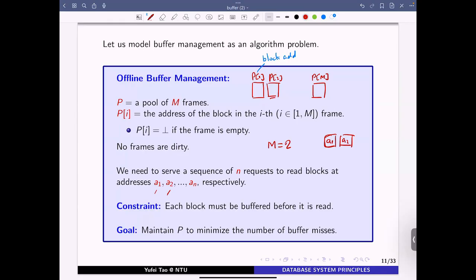A3 will have to go into the buffer according to the constraint, but now you have to kick out either A1 or A2. This is a big decision, because if you lose A1 and next time you read A1, you suffer a buffer miss. It's not clear what you should do to minimize the total number of buffer misses for the entire sequence of requests.